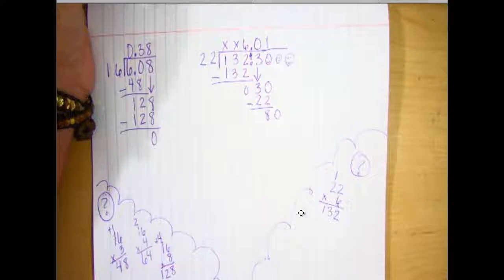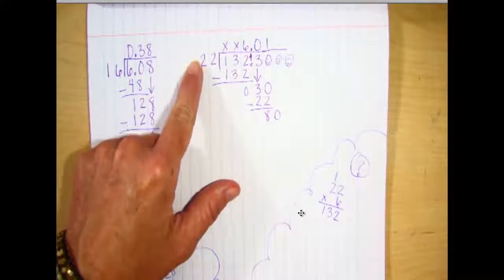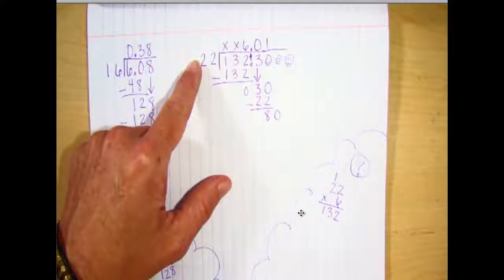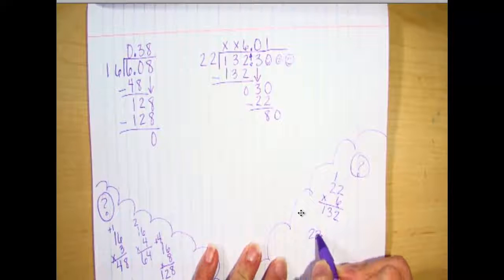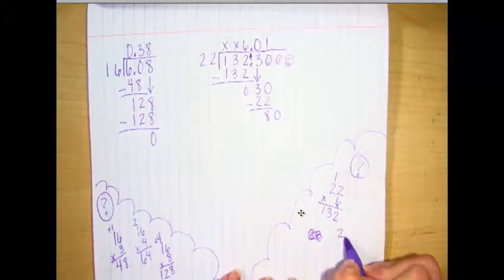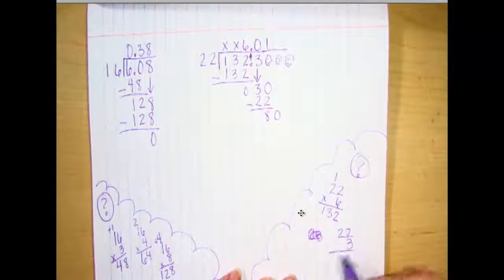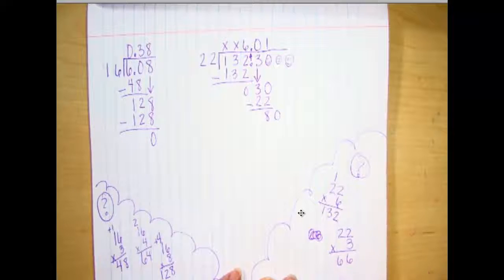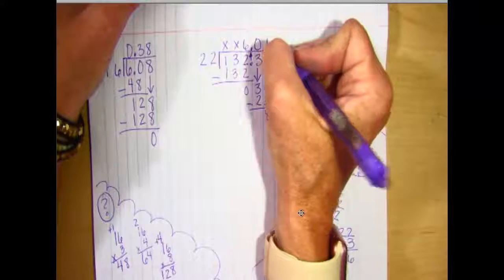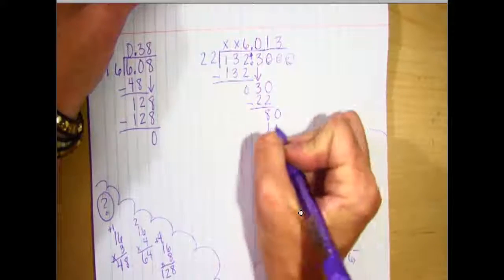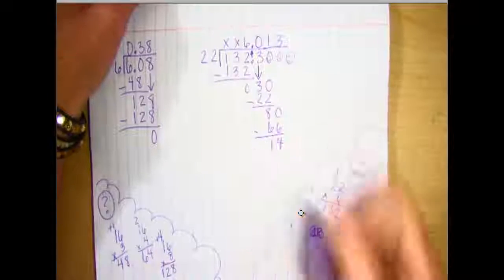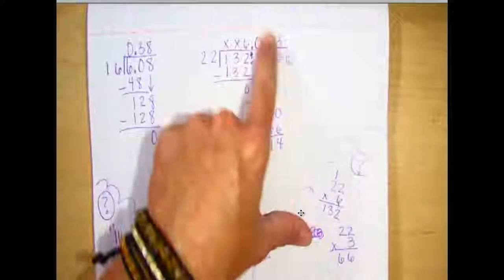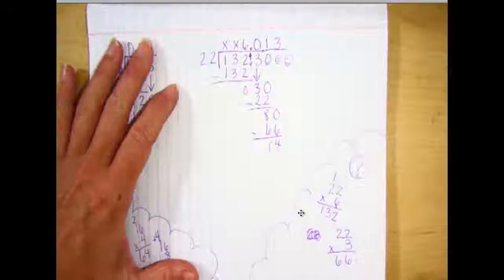Mia? 4. But this is 22, so do I want to do 22 times 4 right now? No, because it's going to take me over the edge of the cliff. So let's do 22 times 3. 22 times 3 is 66. I'm going to have to go with that, and I'm going to stop because I just happened to pull out a number that is going to go on and on and on. But do you see what I'm doing to keep bringing down the zeros?